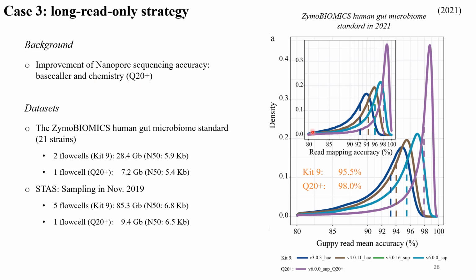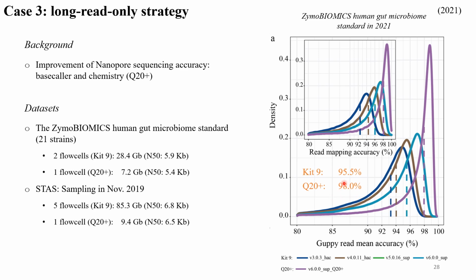We can see the high accuracy of long-read nanopore sequencing, especially for R9 chemistry. The accuracy has been improved to nearly 96%, and for Q20+ chemistry, we can see the accuracy has been improved to 98%.